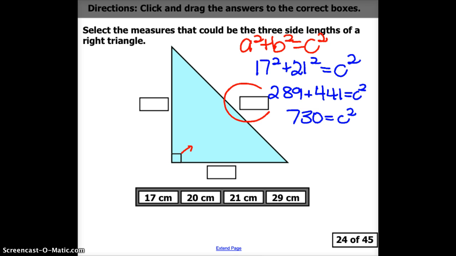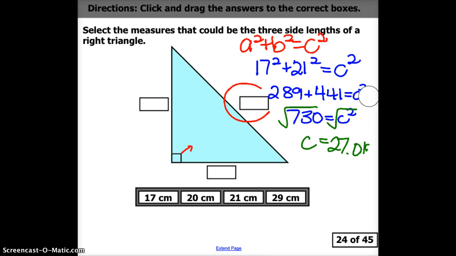Again, I'm going to take that square root and solve just for c to see if I get anything. And I get something else that looks really ugly. 27.18. It's not a pretty number. So I know that I can't have 17 and 21 together.